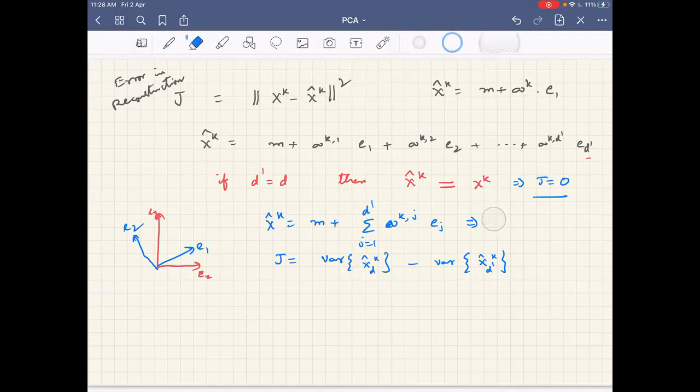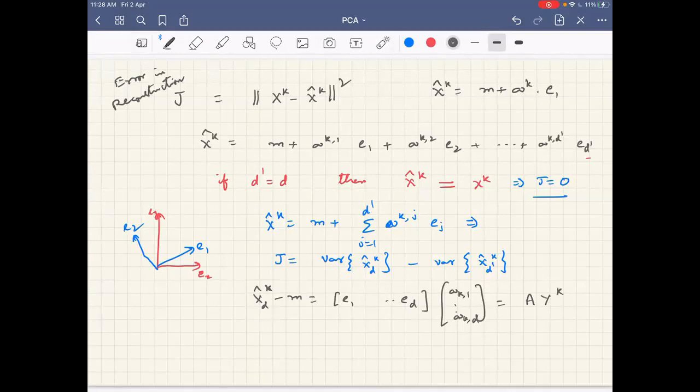let us write in matrix form to understand the relation between xk hat and e and a. xk hat minus m equal to e1 up to ed, considering all directions, into ak1 to akd, the matrix A into matrix yk.